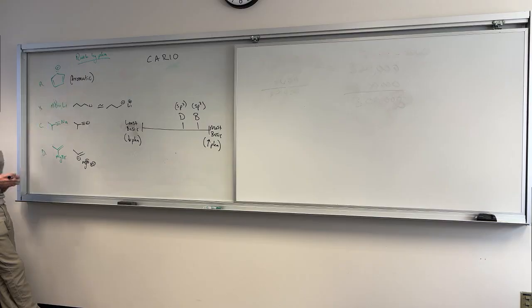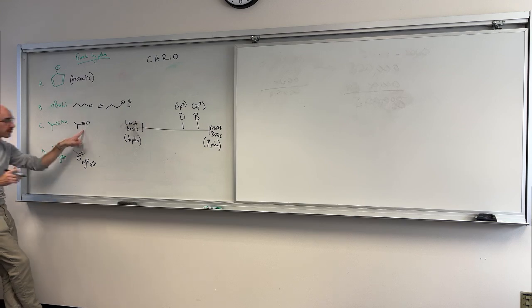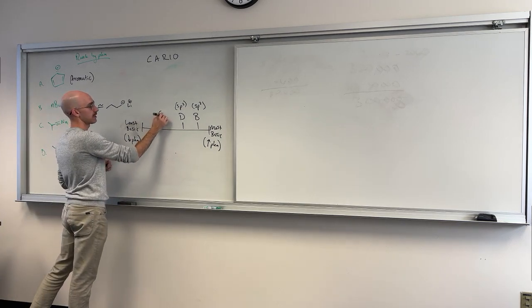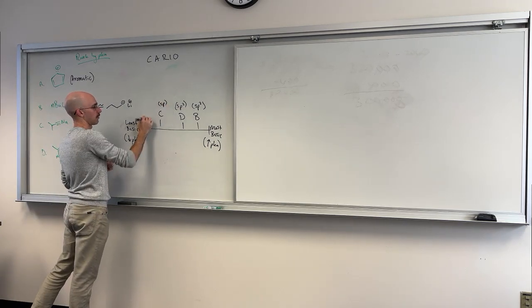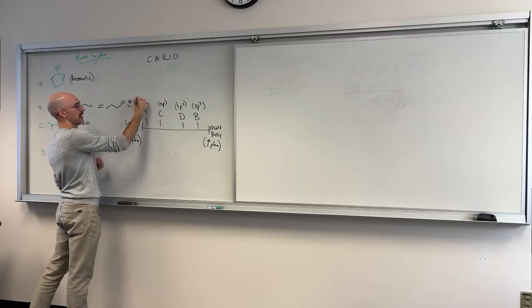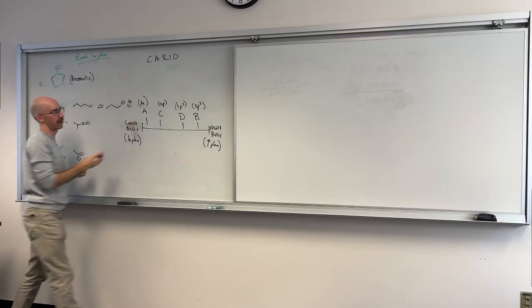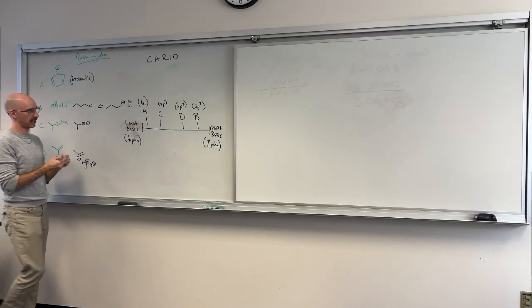What would you guess has the lower pKa? Think about resonance. That resonance is going to have a very big impact on the acidity. So then we're looking at C here, sp, and we're looking at A as the least basic, aromatic. Aromatic being the reason why.